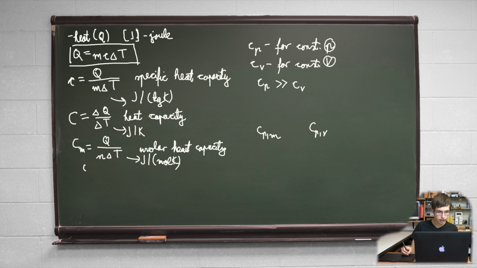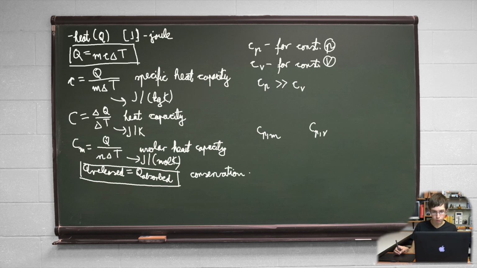So Q released is equal to Q absorbed, where the body of higher temperature releases and this heat is absorbed by the other body of lower temperature. This we have thanks to the conservation of energy law.